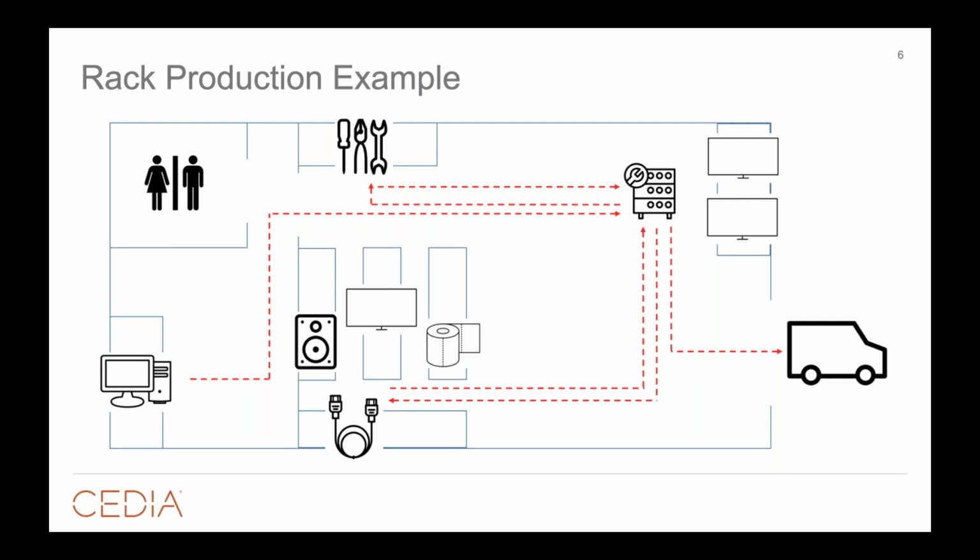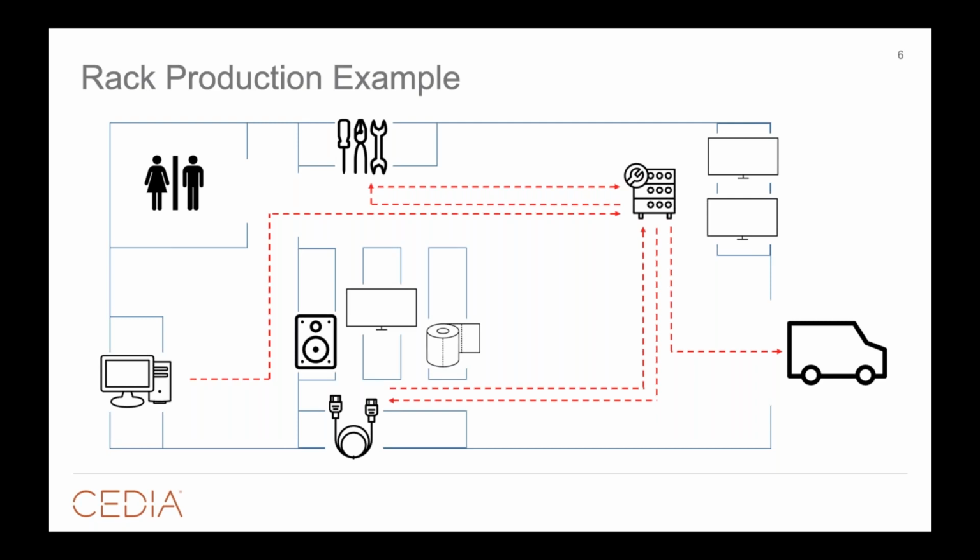Well, on the surface, we can look at this and say it's a small facility. I'm pretty efficient in my steps. This works fine. But when we actually watch our production team grab the things off the shelf, we watch our sales team walk that order to the back, we calculate how much time it takes to walk over to that workbench and grab tools and bring them back and wrap things up and get it onto the van, we find that there's a lot of motion here.